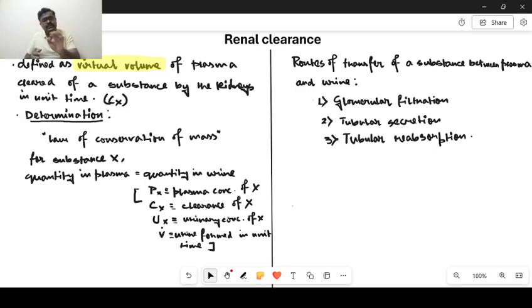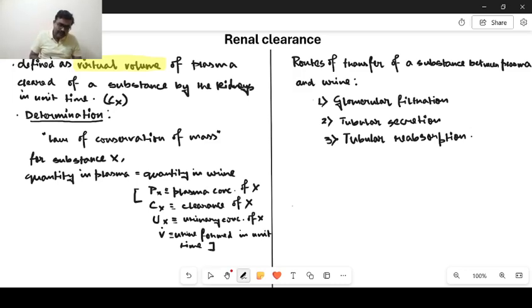The product of Ux and V dot stands for the amount of that substance excreted in the urine per unit time. Px and Cx stand for the amount of that substance in the virtual volume of plasma in unit time. By the law of conservation of mass, these two should be equal.